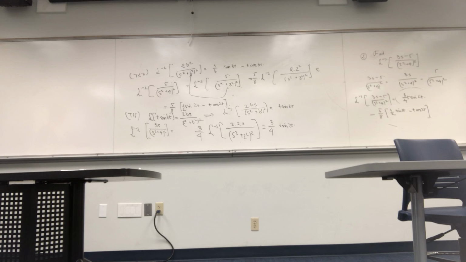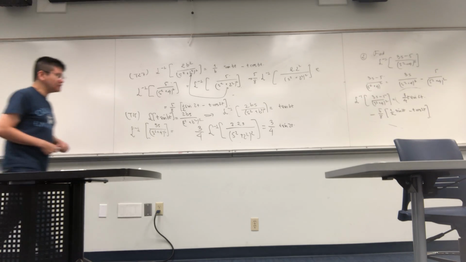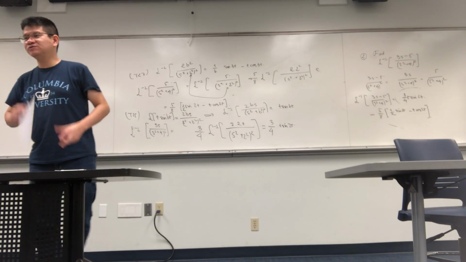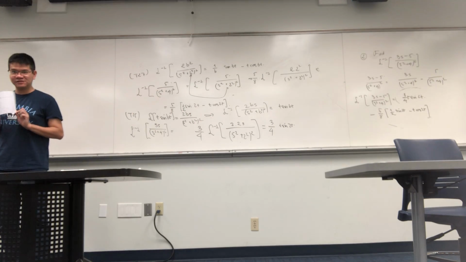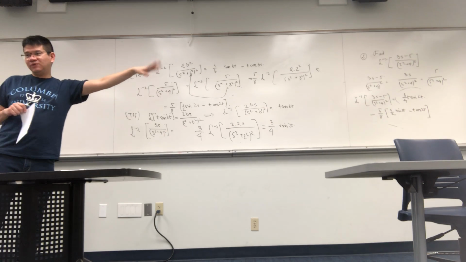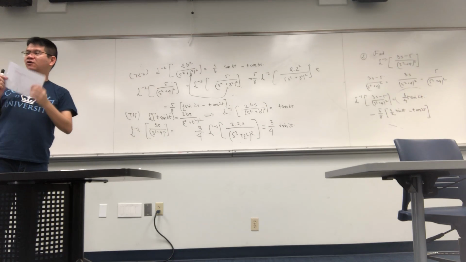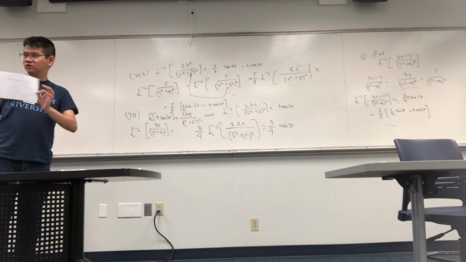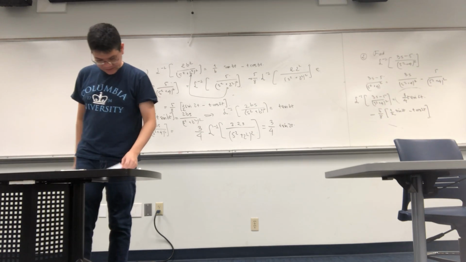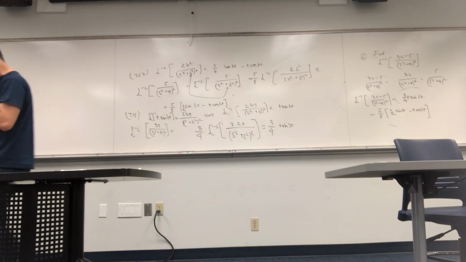Right? Questions? So the key here is that you need to know how to use this table. Once you know how to use this table, then it is simple, right? You just need to identify among the terms that you have which one corresponds to the formula in the table, right?